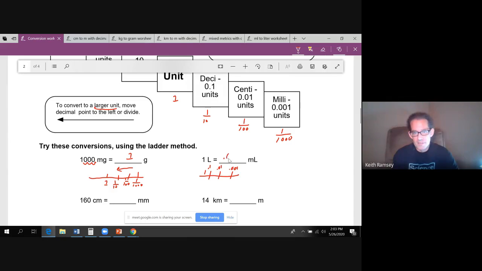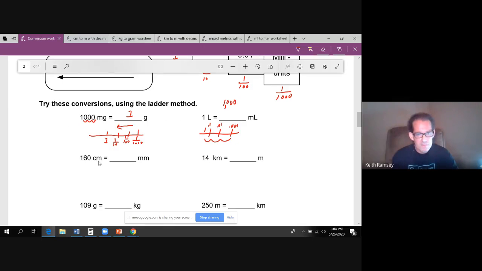So I would have 0.001 milliliters because it's very, very small. Or would I move it this way from milli to liter? Would it be 1,000? It would be 1,000 because milliliters are really small. You have 1,000 milliliters in a liter. So I'm going from here and I'm going all the way over here. So when you use this chart, make sure you're thinking about which way you're going, okay?